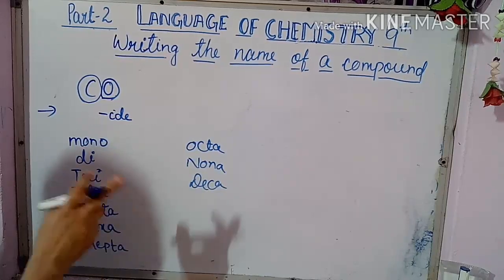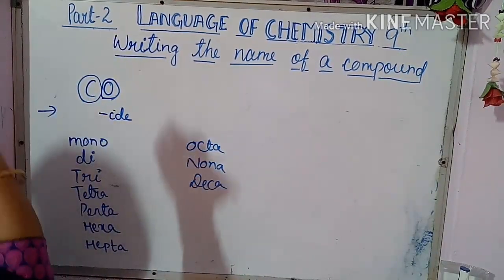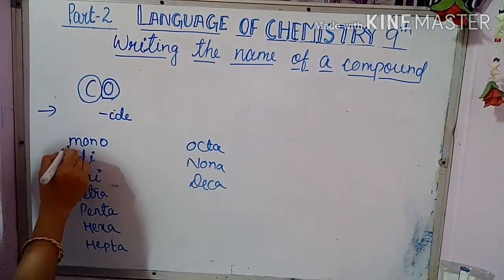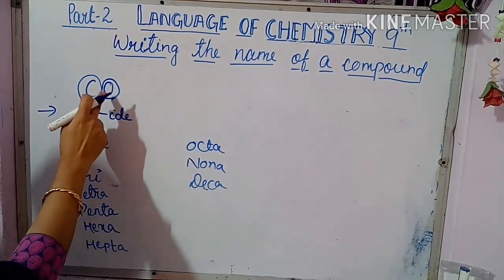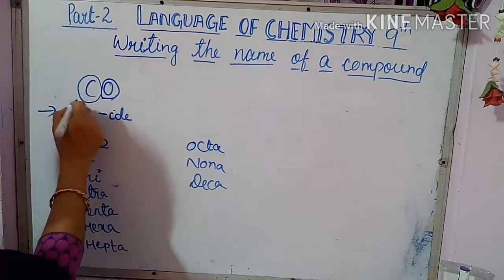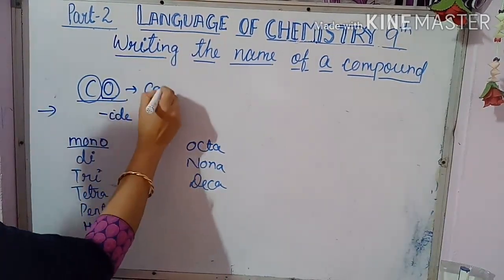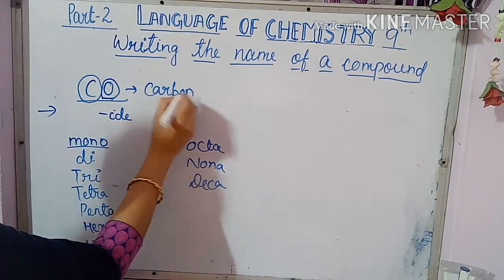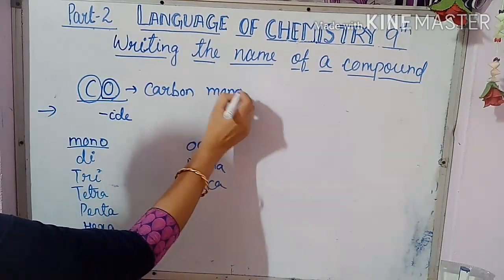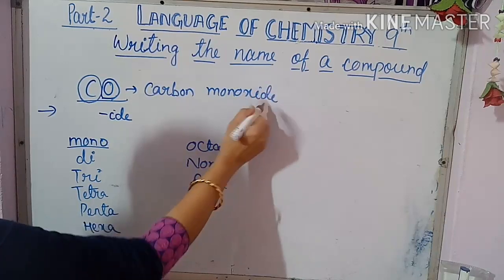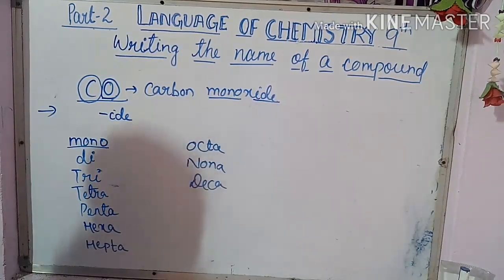But as carbon can combine with 2 oxygen also, we use a prefix. As 1 oxygen is here, the name of the compound will be carbon monoxide. IDE will be there, and 1 means mono.